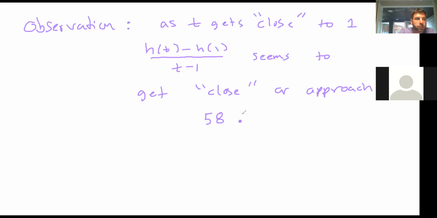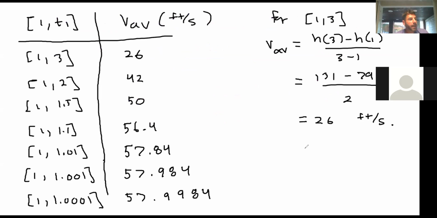Does anybody have a question about this? Again, if I go back to the previous page and keep the same pattern in the left-hand column, the right-hand column is going to get closer and closer to 58. If you don't believe me, do it.